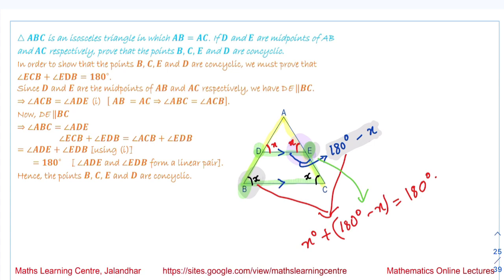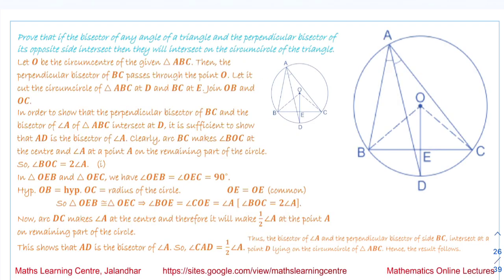In this question, we have to prove that the bisector of any angle of a triangle and the perpendicular bisector of its opposite side, if they intersect, then they will intersect on the circumcircle of the triangle. So a triangle ABC is given to us. AD is the angle bisector, and OE is the perpendicular bisector.